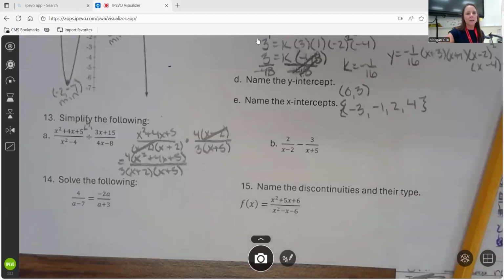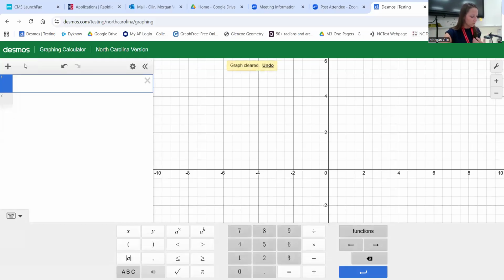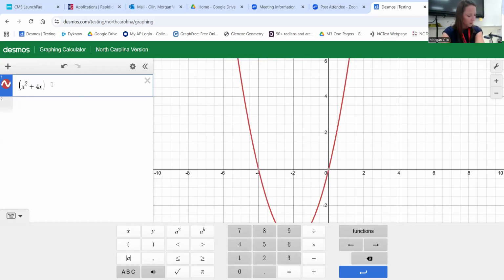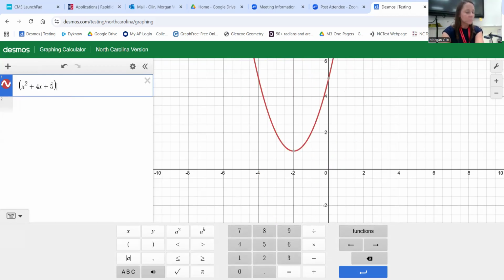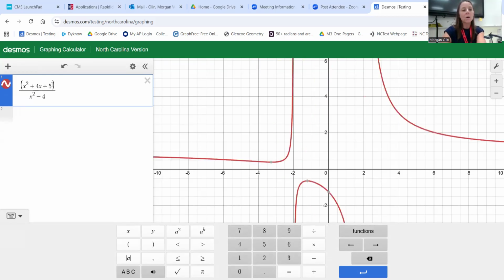Now, if I want to double check this, I can always go to Desmos. Always plug in the original. Make sure if it has anything like y's or whatever, you can change it. You need to have x's in there. Now, if this is multiple choice, and you don't know how to factor, then my suggestion would be to graph all your answer choices.